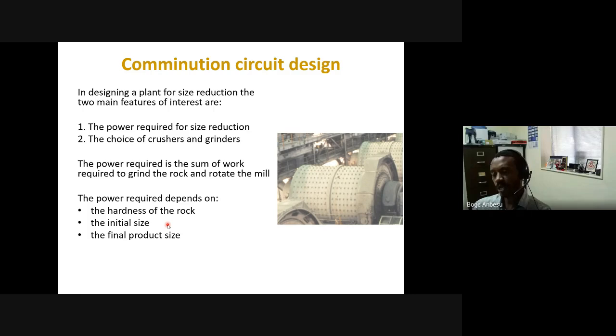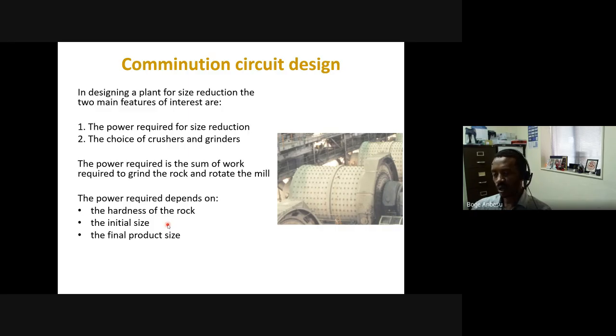So energy is spent during the crushing stage, where the idea is to break rock into smaller pieces, and also to move and rotate the equipment. And how much energy I spend for grinding will depend on the hardness of the rock, and on my initial and final product size.